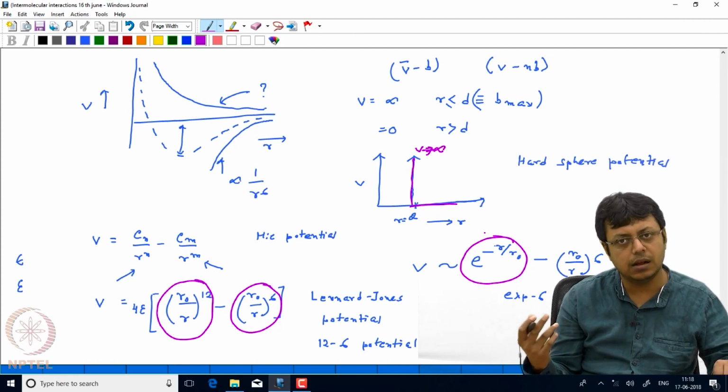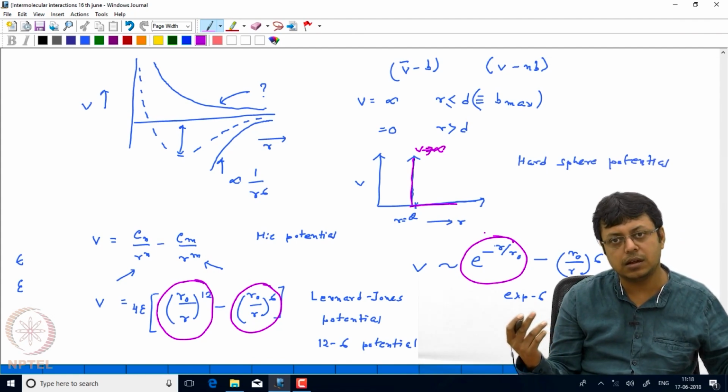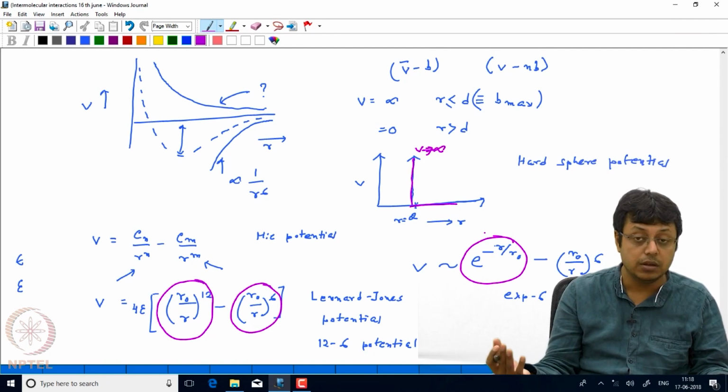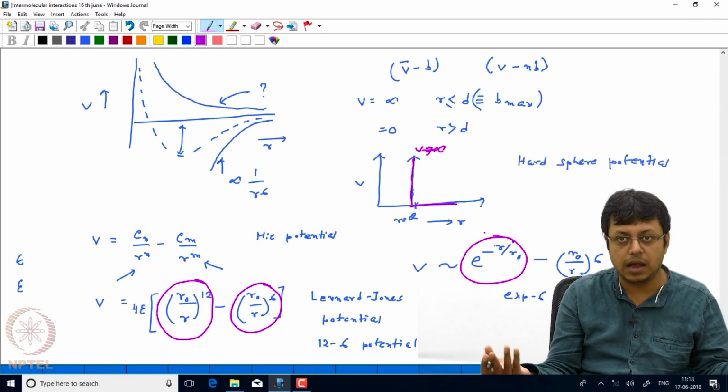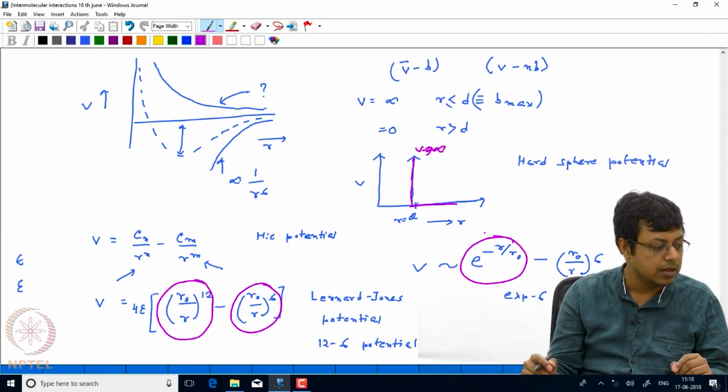That is how it is argued that a more realistic potential will be e to the power minus r by r0, which is also experimentally verified. So, at small r the potential will go to a very high value.